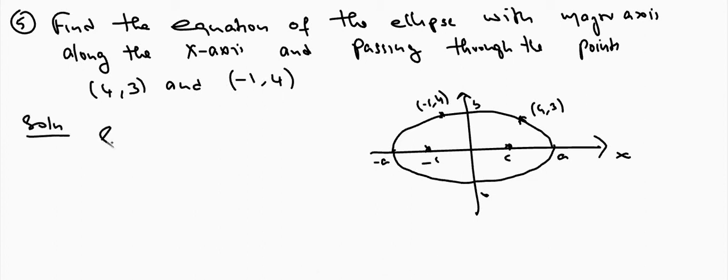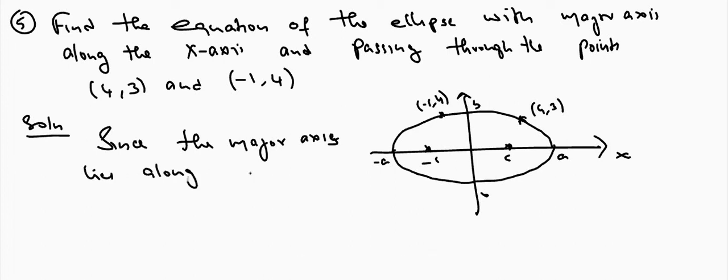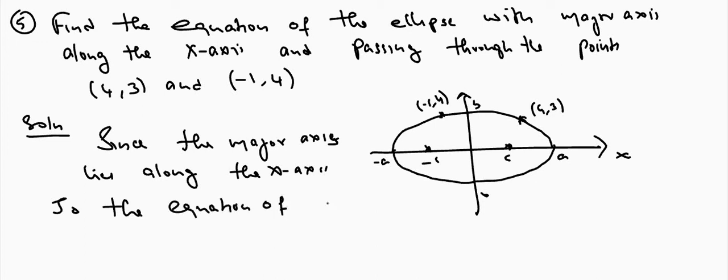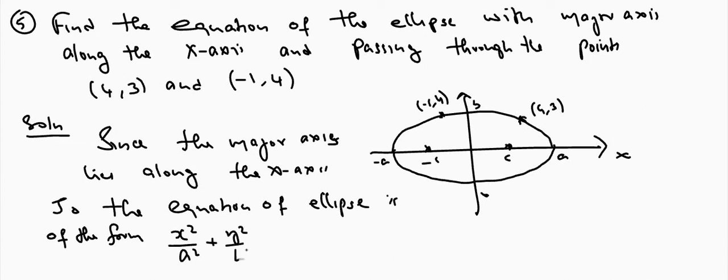Solution: since the major axis lies along the x-axis, the equation of the ellipse is of the form x square by a square plus y square by b square equal to 1, equation number 1.